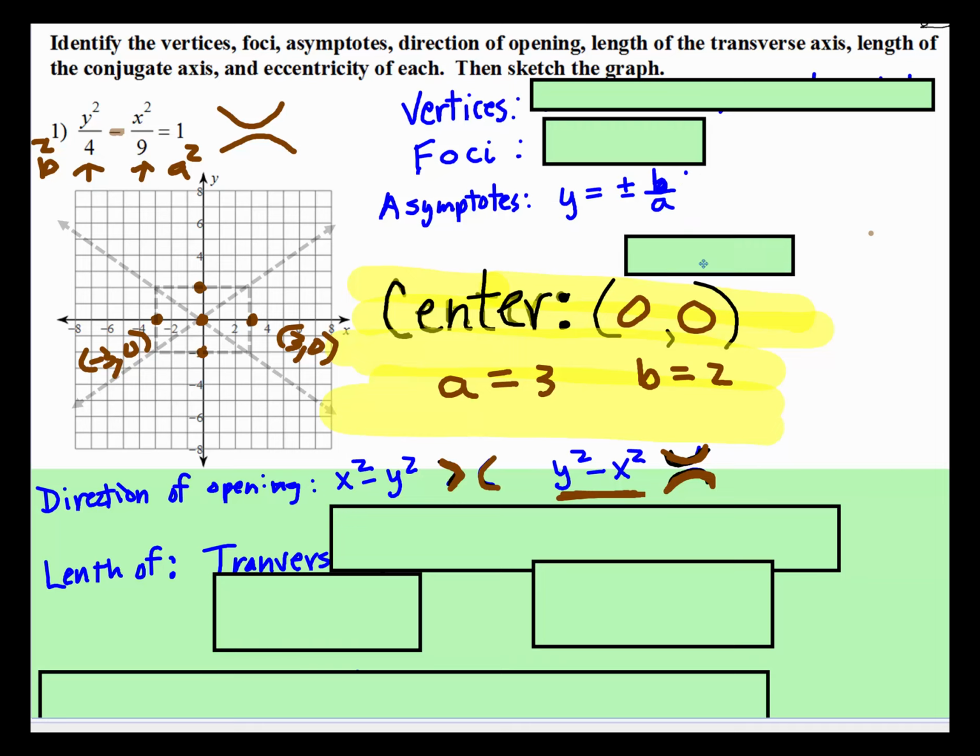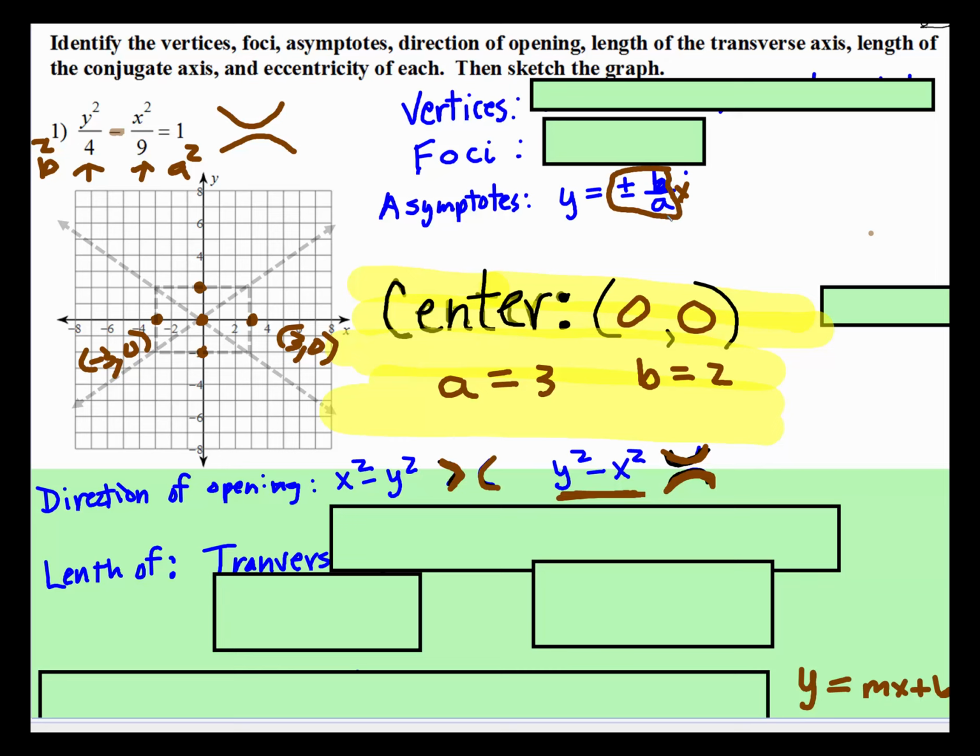The other way to find the asymptotes is with the equation of a line, y equals mx plus b. The slope is b over a, and you make it both positive and negative.